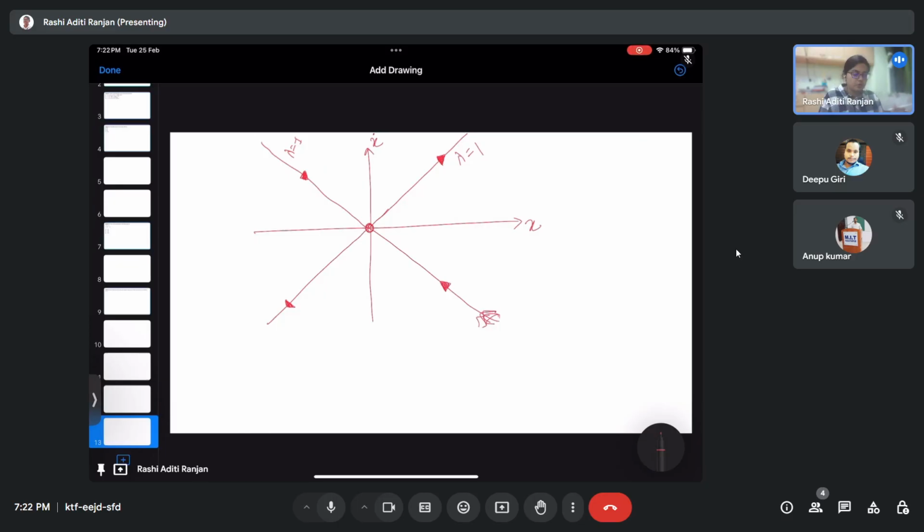I will maybe start from this position, let us say. From infinity I'm starting. So it will follow this path. But as soon as it reaches the fixed point, the effect of the other eigen direction is going to come into effect and take it to infinity.